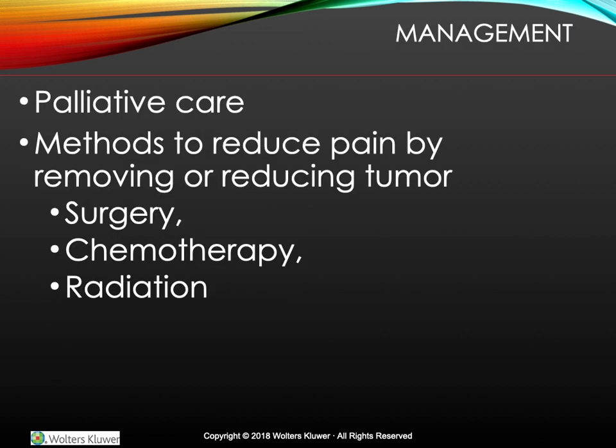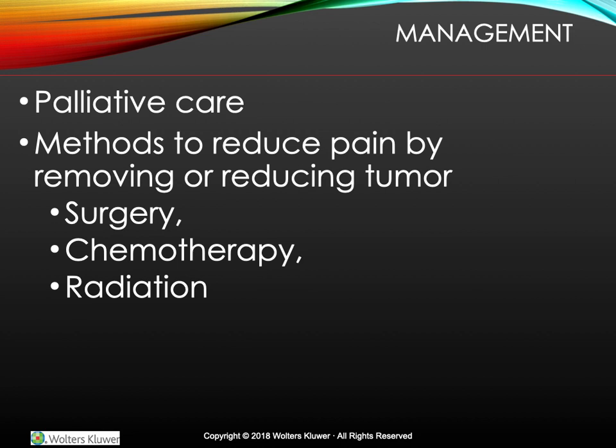So, what do we mean by palliative? Well, palliative is the reducing of the severity, denoting the alleviation of symptoms without curing the underlying disease, and this improves the quality of life. Now, palliative care can include the reduction of pain by surgery or reducing the size of the tumor. So you can't remove the tumor completely, but you can reduce the size of the tumor.